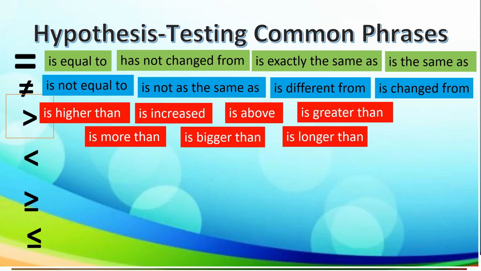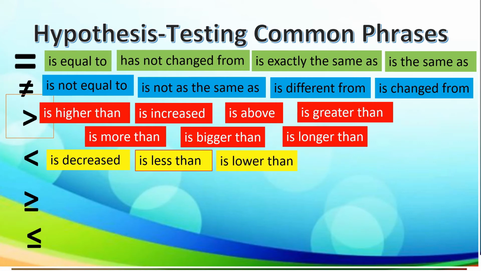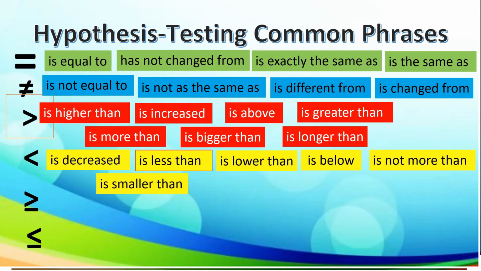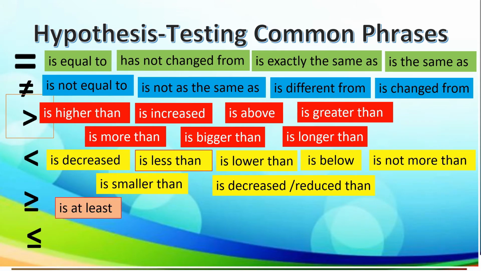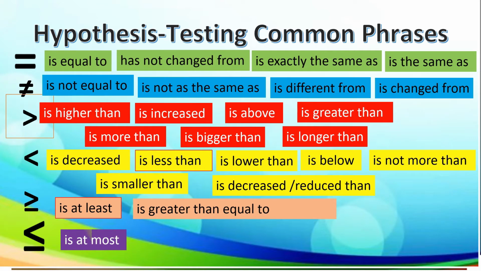The next symbol is less than, which can be read as is decreased, is less than, is lower than, is below, is not more than, is smaller than, is decreased or reduced than. The next symbol is greater than or equal to, which can be read as is at least or is greater than or equal to. The last symbol, less than or equal to, can be read as is at most or is less than or equal to.